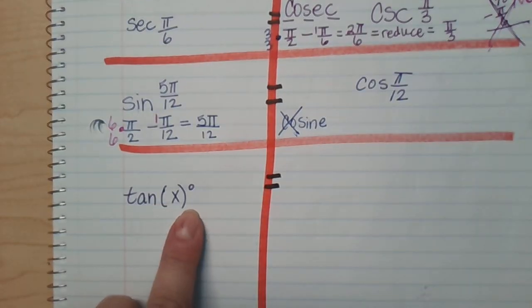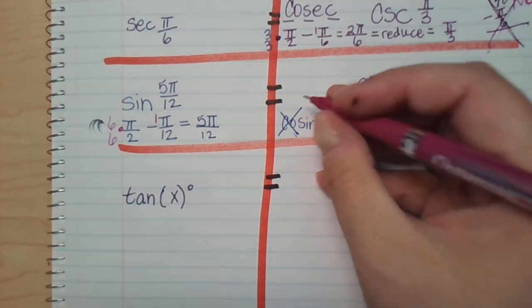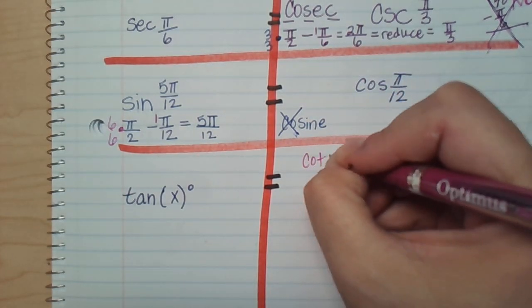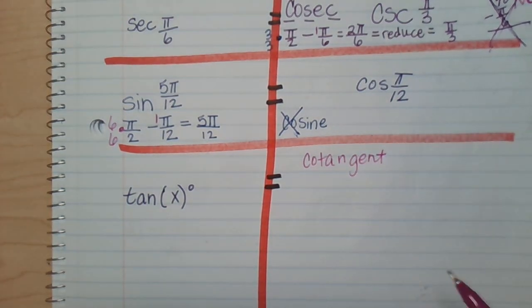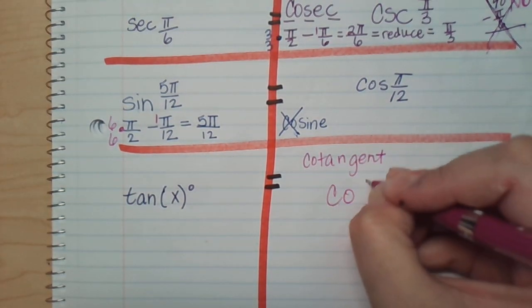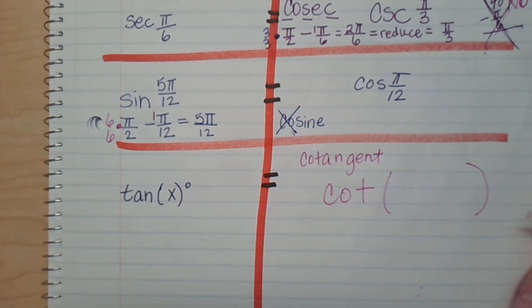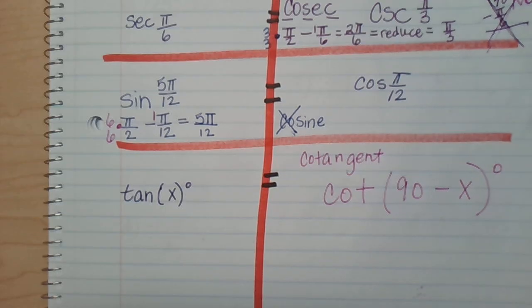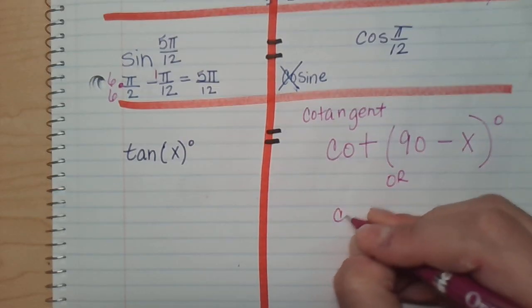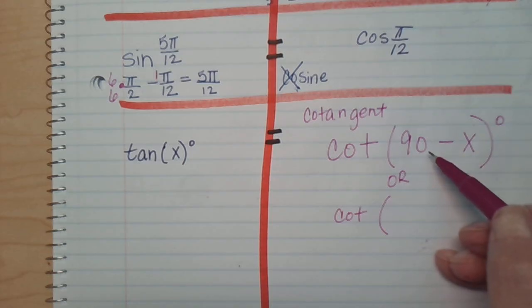Okay, let's look at tan x degrees. What's its cofunction? It's definitely cotangent. So how do we abbreviate that? We say COT, and how do we write its angle? We say 90 minus x degrees, or if it asks for it in pi, the equivalent of 90 is pi over 2. Remember that?